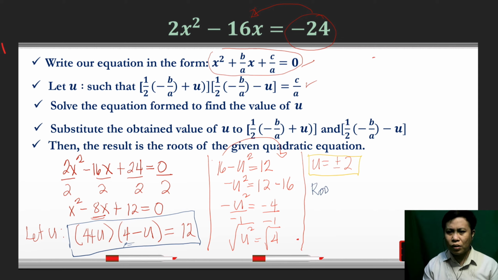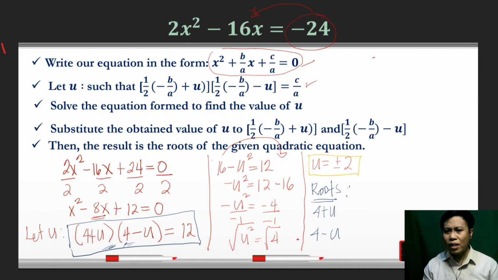So from that, we can now identify the roots, okay, for the solution set. So the roots are 4 plus u and 4 minus u. Okay, so that is now the roots or the solution set.